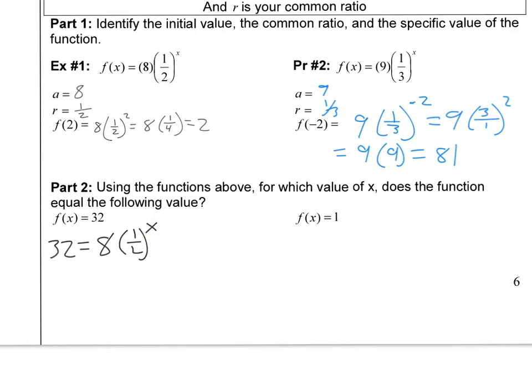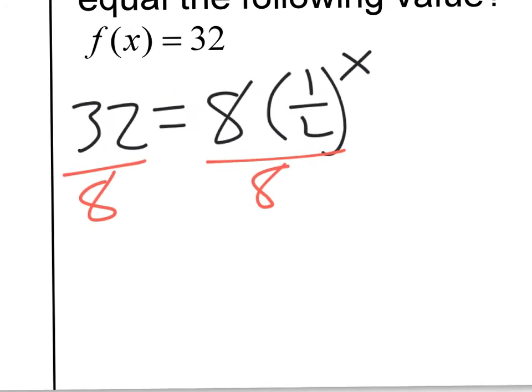The first thing I'm going to do is get the thing being raised to the power of x all by itself. That's step 1. So I have to get rid of this 8. It's 8 times this, so I'm going to divide by 8. I'm going to zoom in so it's a little easier to work with. So 32 divided by 8 is just 4. So you get 4 equals 1/2 to the x.